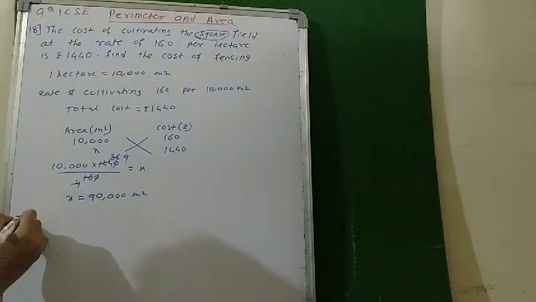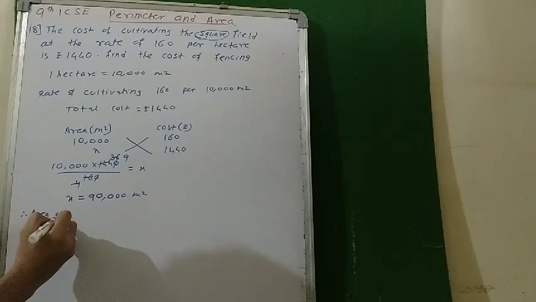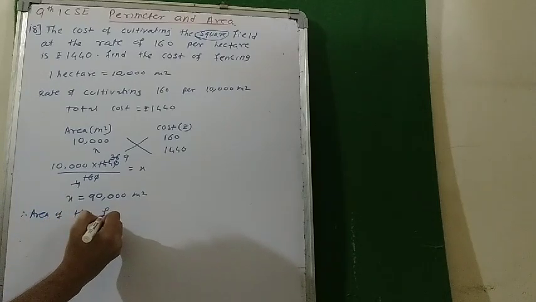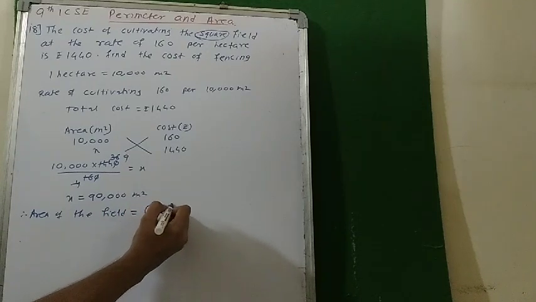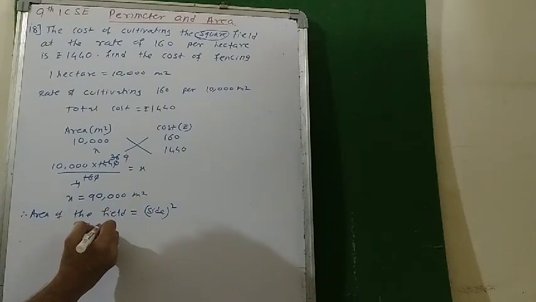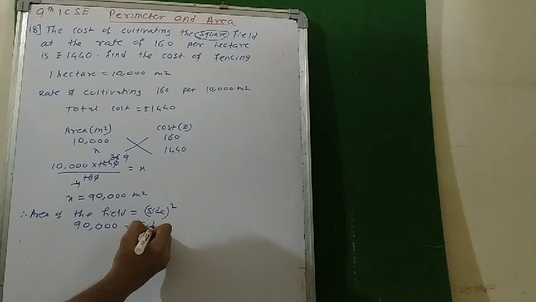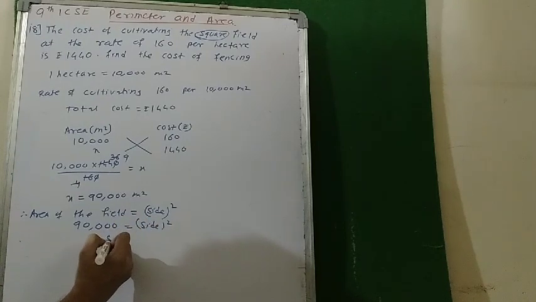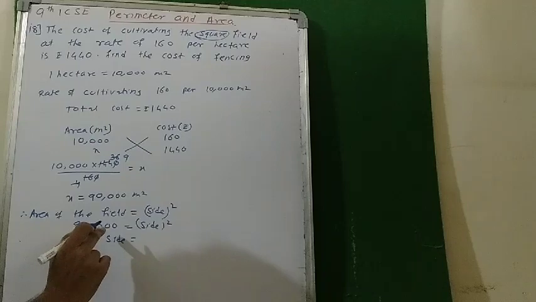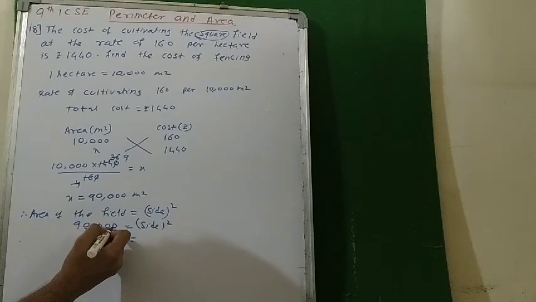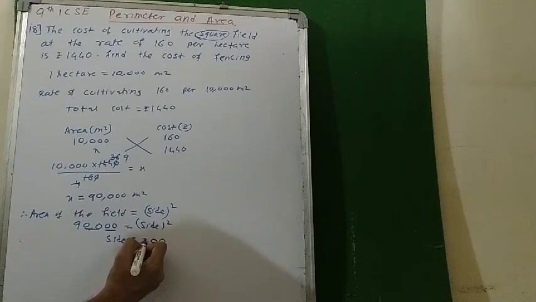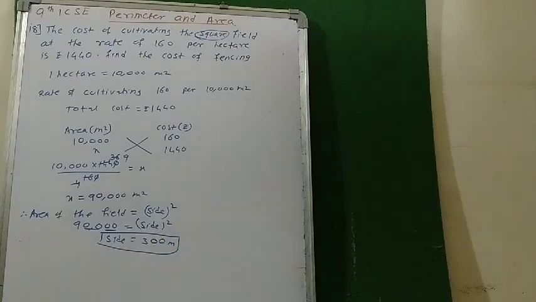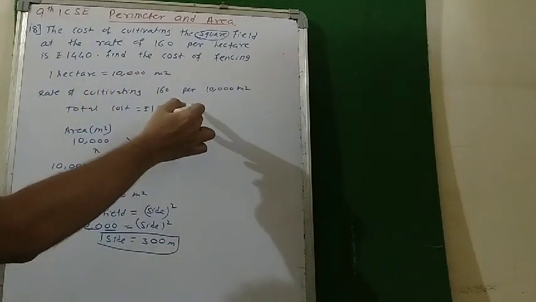Now it is a square field. Therefore, area of the field is equal to side square. Area is 90,000. Therefore, side of the square is, see, we have two zeros, so the square root of 100 is 10 and the square root of 9 is 3. So the side of the field is 300 meters. Now we need to find the cost of fencing.